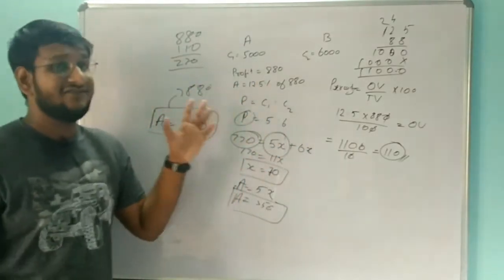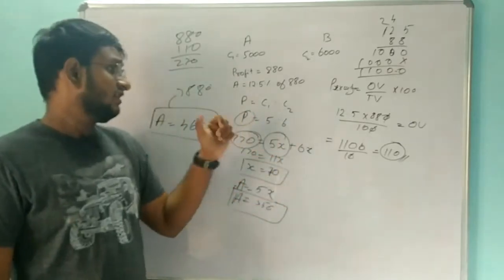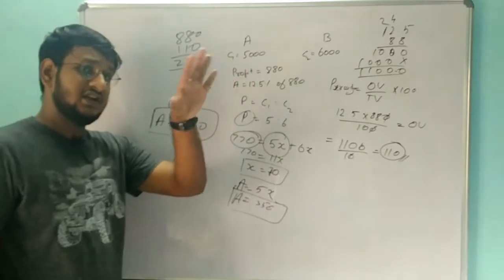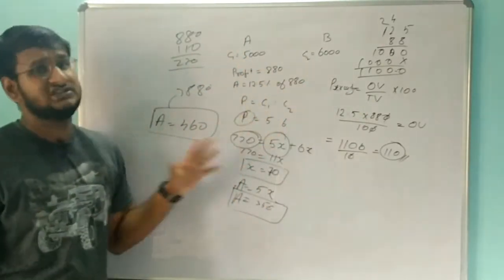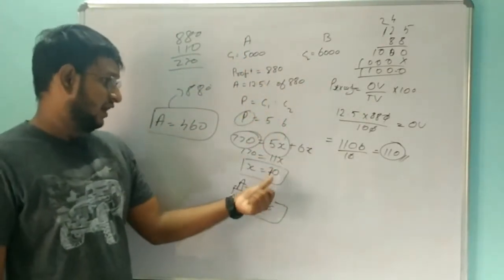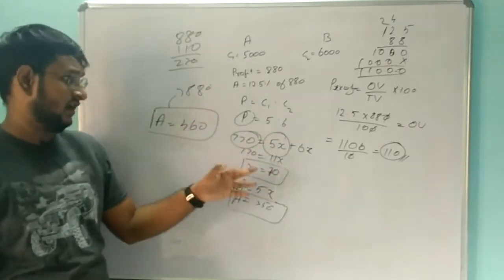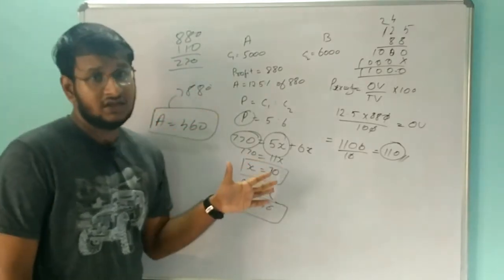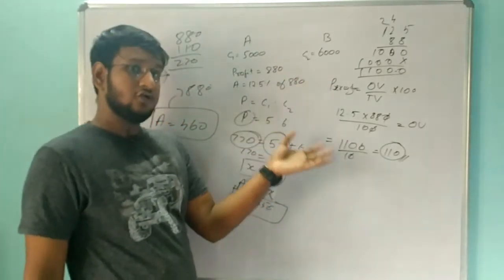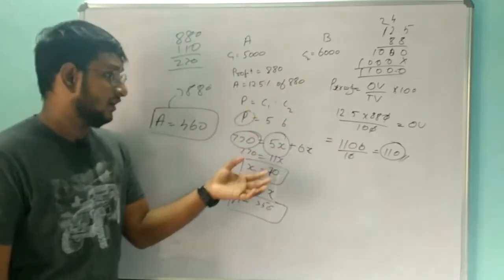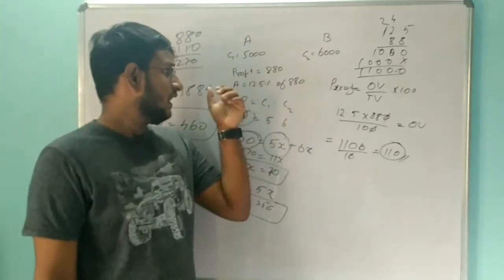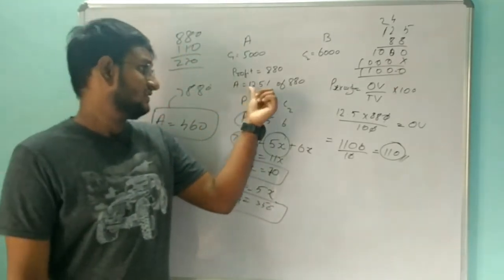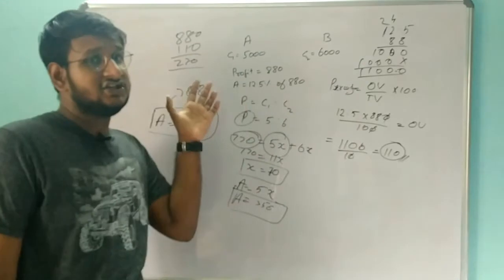This is the area where people often make mistakes, because they jump to the conclusion of dividing 880 in the 5:6 ratio, get the x value, and directly substitute it in 5x to get a value. That is wrong. We have to subtract the whole value by 110, because that is the value of 12.5 percent of 880.